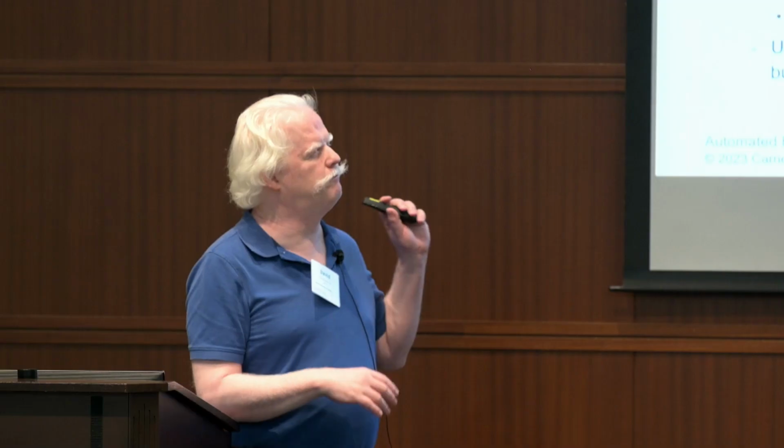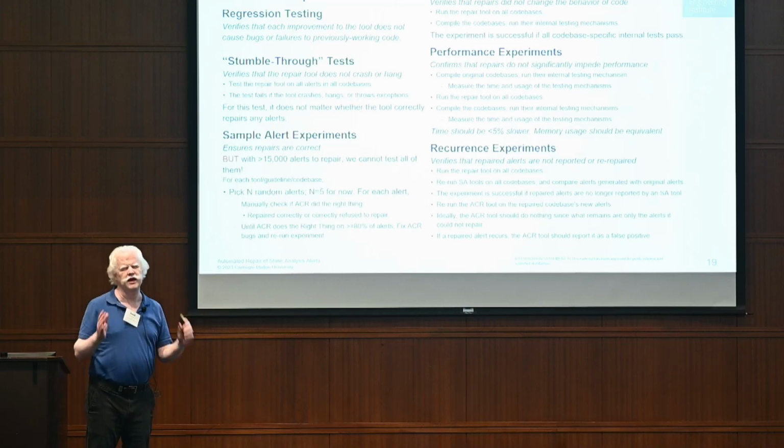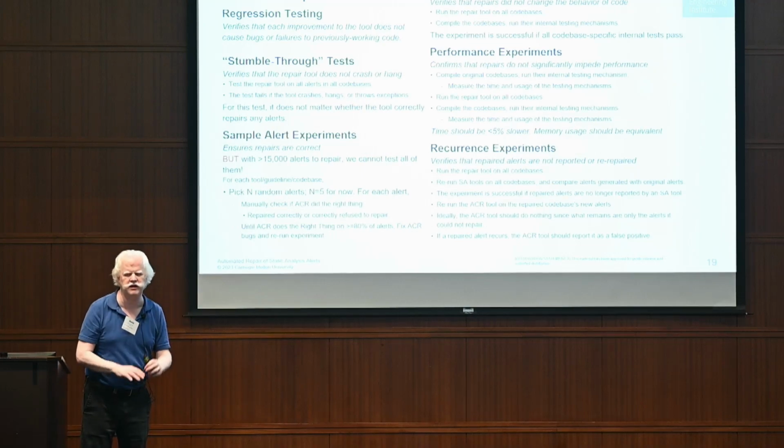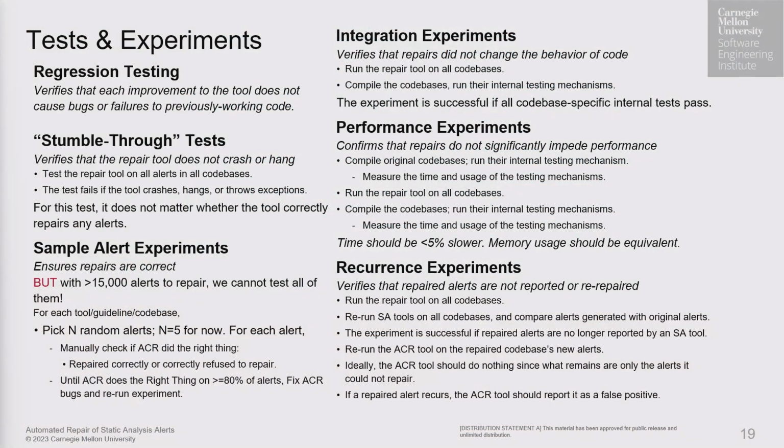The one bit of testing here that's important is this lower one, the sample alert experiments. In this case, we basically have those 18 permutations, and for each one, we want to make sure that all the alerts work. However, there are 15,000 alerts for all those, for just the tools and the rules and the code bases.